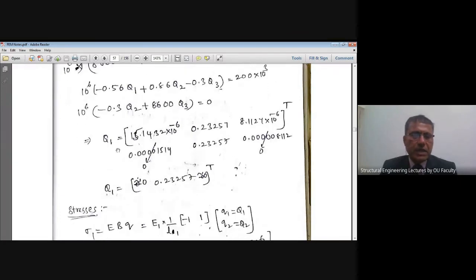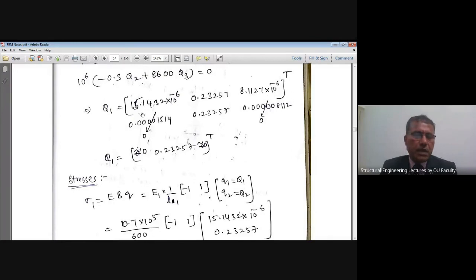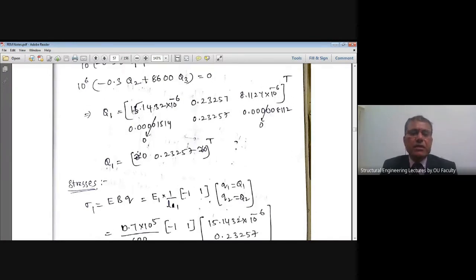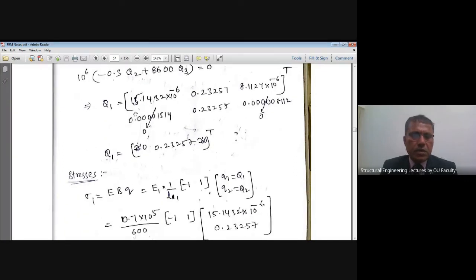Solving these three simultaneous equations, I'll get the result as the displacement vector. Solving which I'll get Q1 is equal to 15.1432 times 10 to the power minus 6 inch. Second, Q2 is equal to 0.23257 inch. Third one is 8.1127 times 10 to the power minus 6 inch.